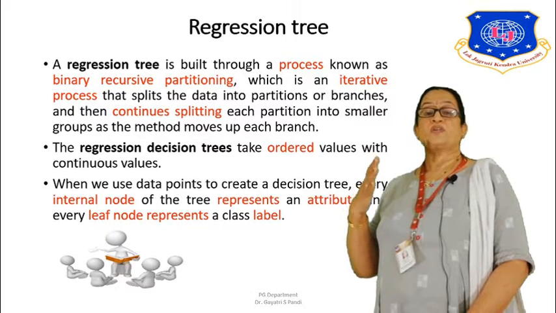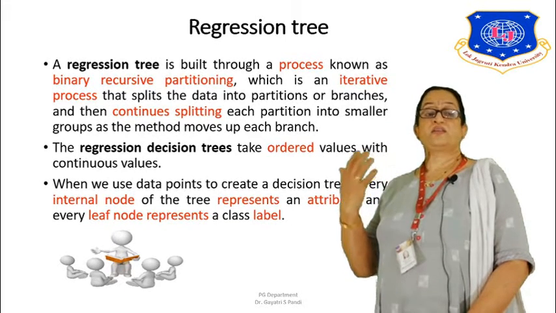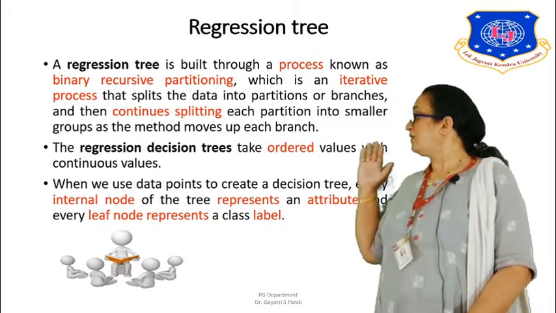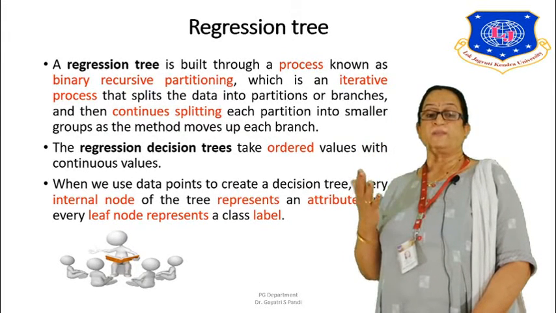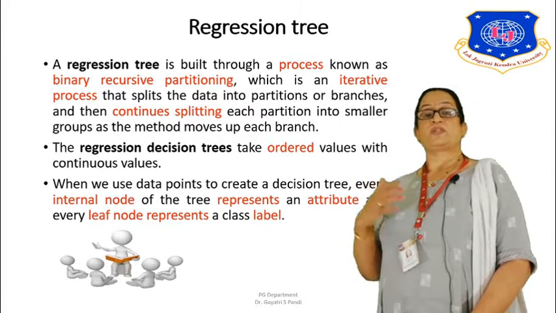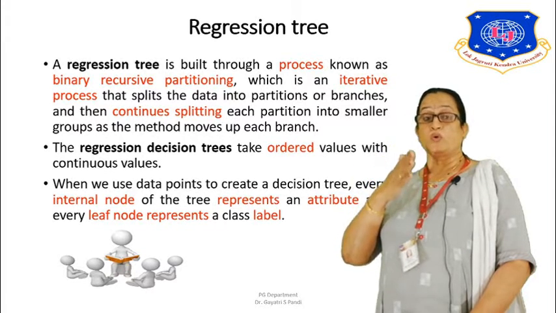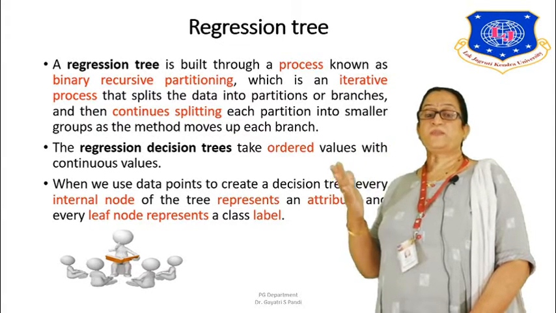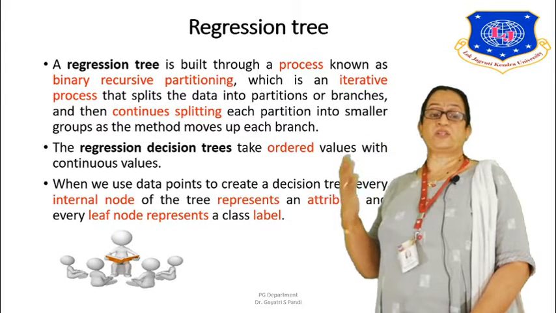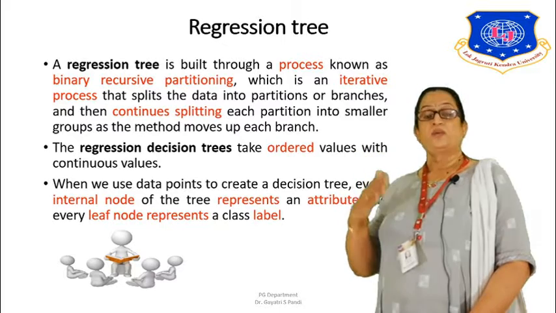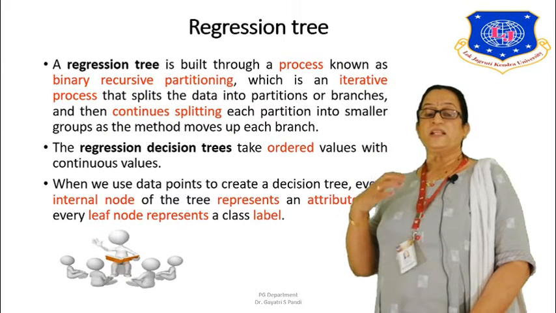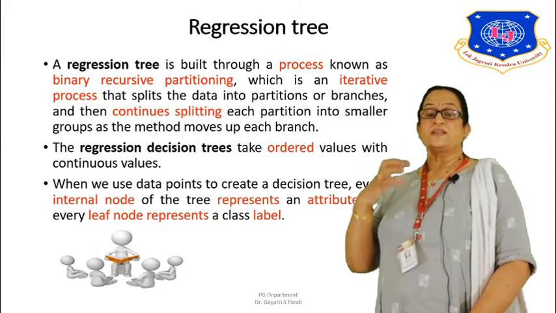Now let us focus on regression tree, which is a decision tree. So this is basically built through a process known as recursive binary partitioning, right? Which is an iterative process that basically splits the root node into various branches, or they could also be called partitions, and it continuously splits each partition into smaller groups, and this is the method that is followed and a new branch is created, right?